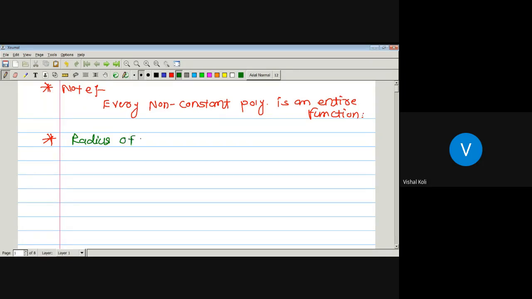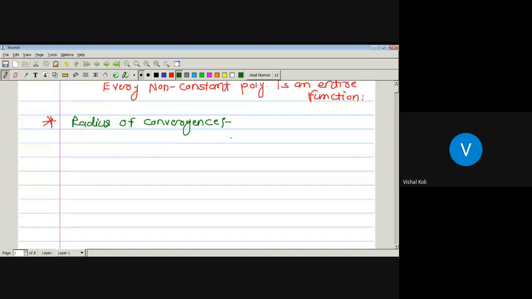There are two formulas for finding the radius of convergence.